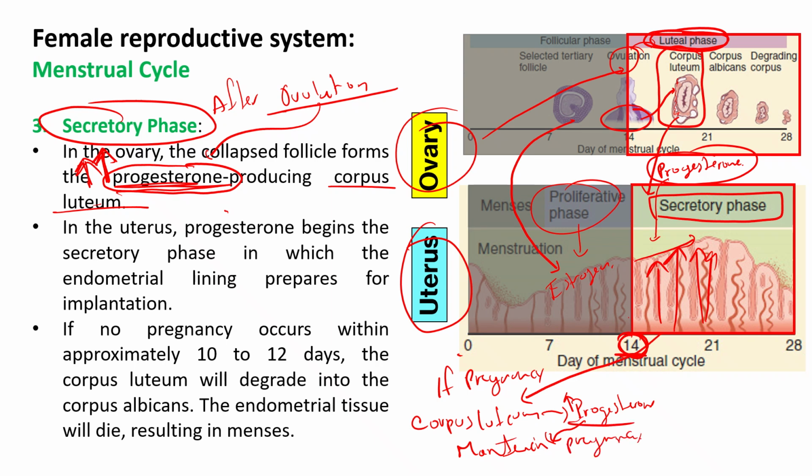This corpus luteum will keep producing progesterone until, in this case, the zygote, which is when the egg and the sperm fuse, now the cell is called the zygote, implants and starts growing cells and eventually the placenta.